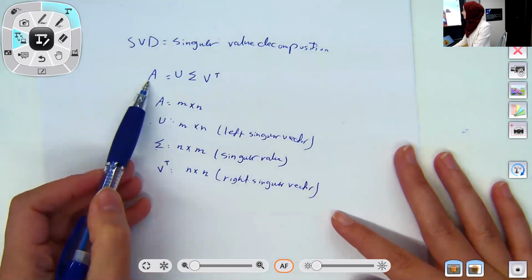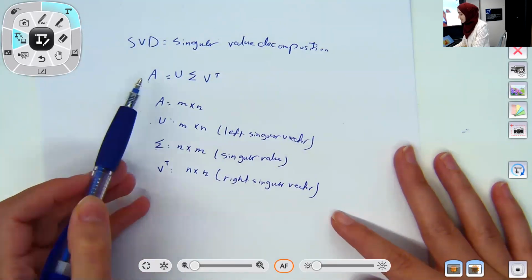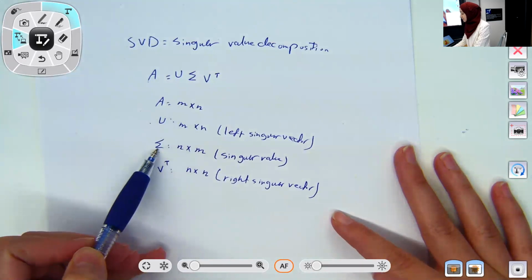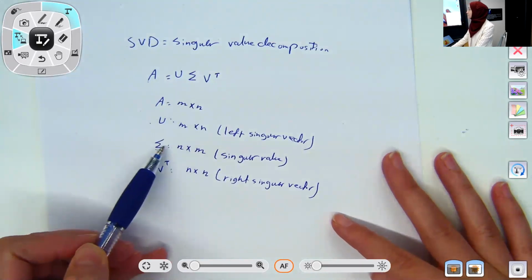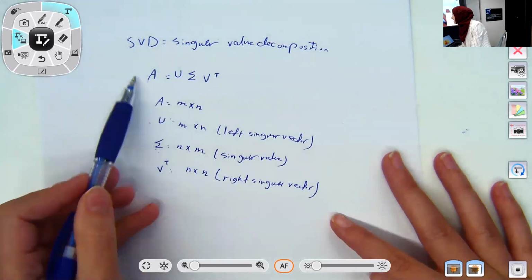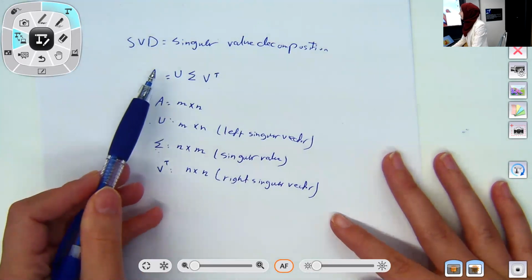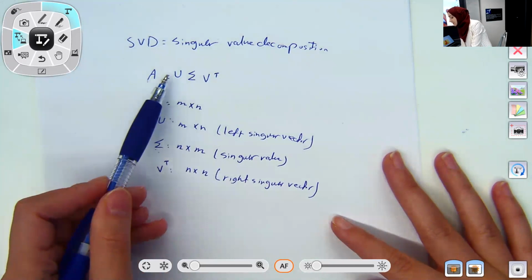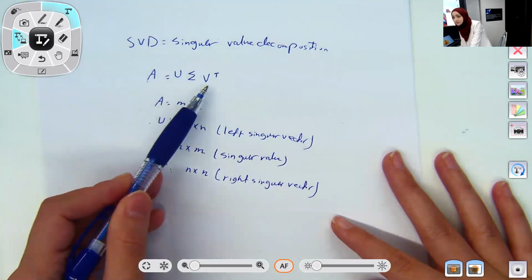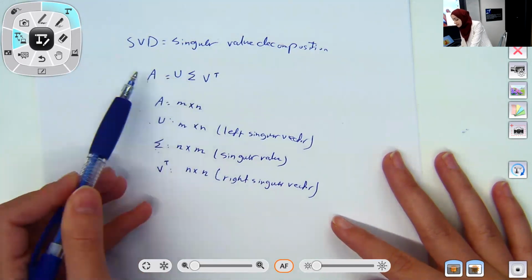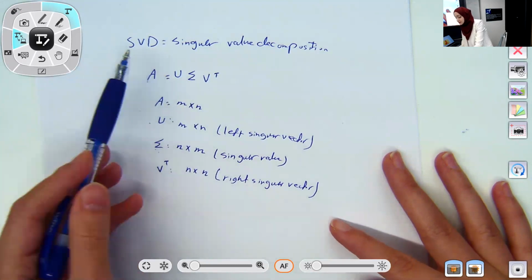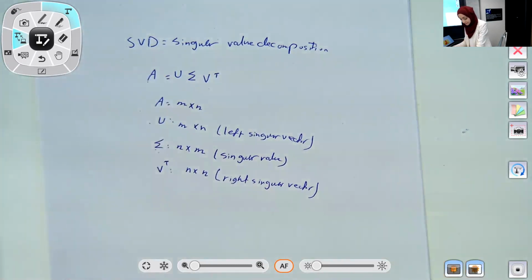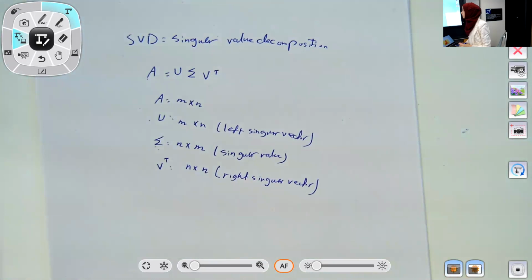The rank of the matrix A is the same as the rank of the matrix sigma, so if you can find the rank of sigma, you can determine the rank of matrix A. In addition, this decomposition is not unique. So you can find different U, different sigma, and different V for the same matrix. SVD is always not unique. This is a brief about what SVD is.